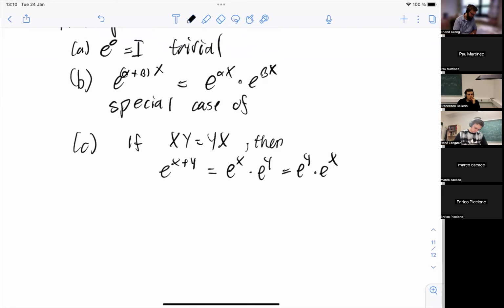And then the proof is the same as for numbers.